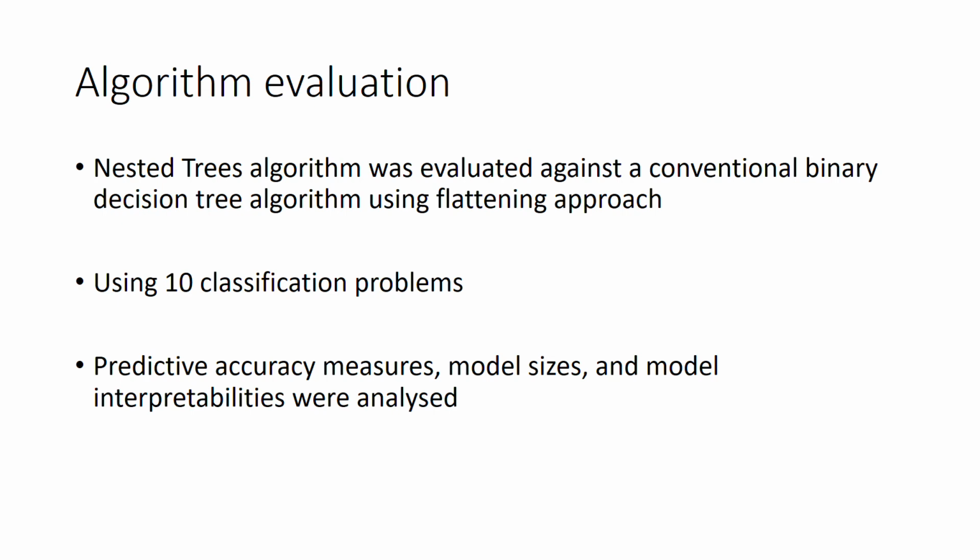In the paper we have evaluated this algorithm against a more conventional binary decision tree algorithm, which has used the flattening approach instead of being longitudinally aware. We have used 10 classification problems to evaluate these 2 algorithms against each other, and we have analyzed predictive accuracy measures, sizes of the models, and we have made some comments on model interpretability as well.